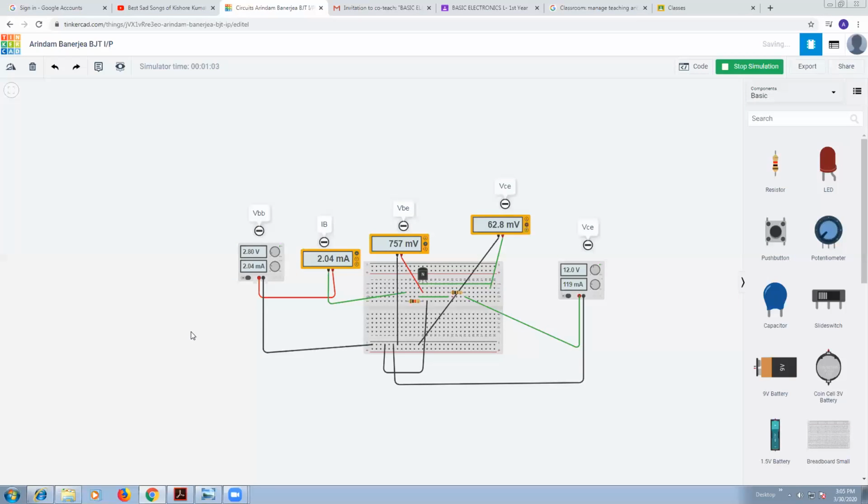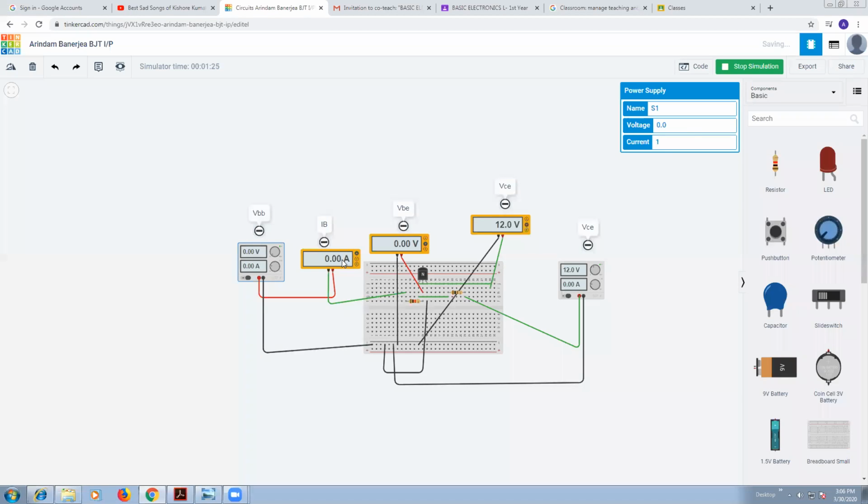You just vary VBB: 0, then 0.2, 0.4, and 0.6, and note the reading of VBE and IB. Keeping VCE at 12 volt, I'm showing you VBB 0.0. You can see the current should be 0.